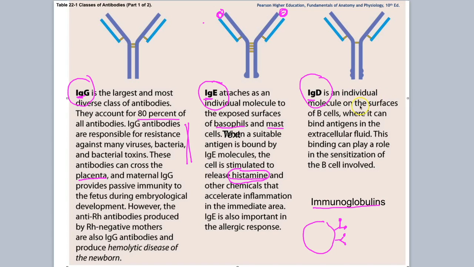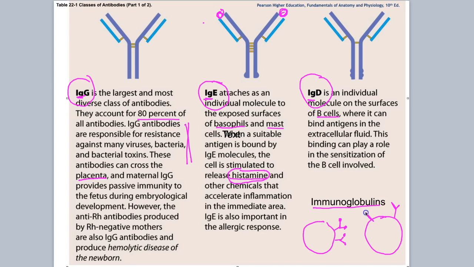IgD is found on the surfaces of B cells. So on one of those last couple slides where we're looking at the B cells with those little receptor molecules on their surface, those are antibodies. And so here's our B cell with its IgD on the surface.